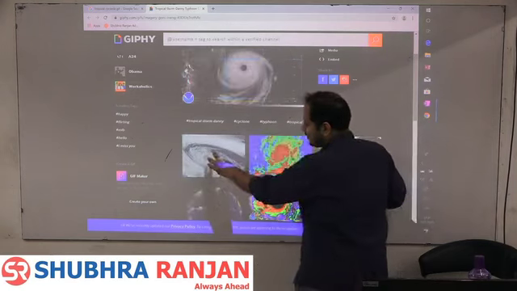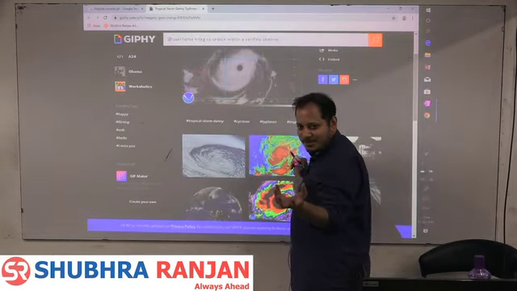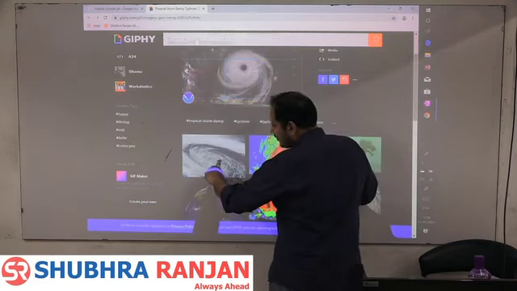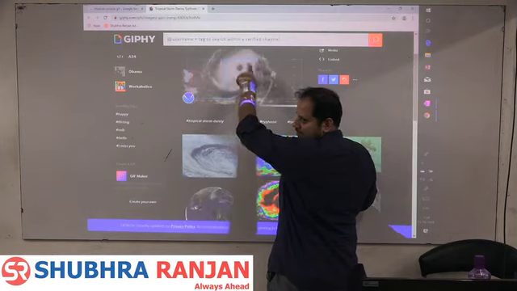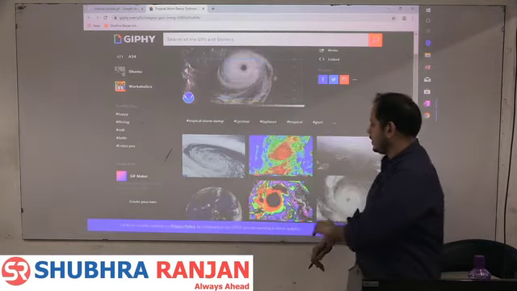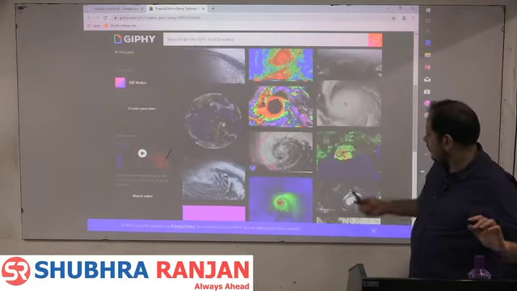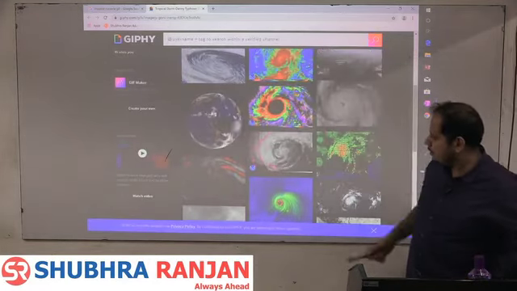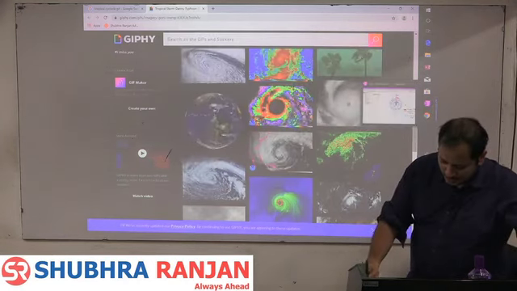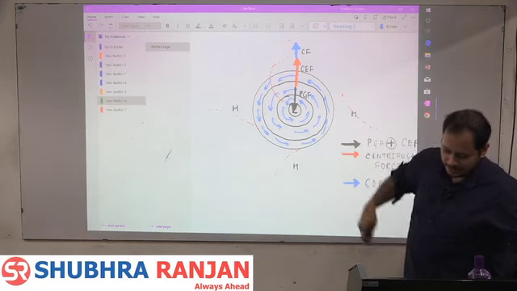You can say the coalition becomes stronger. So in the end, winds will be pulled towards this low pressure center. Anti-clockwise, proper. Only thing is we cannot show this in the diagram. We show it this way. This is the gradient wind.